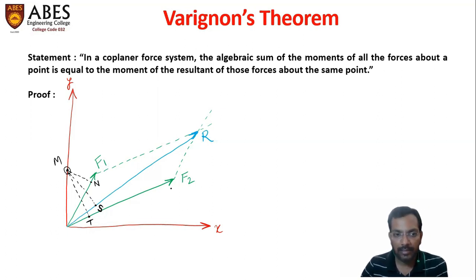Now let's consider that the inclinations of these forces F1, F2, and R from the horizontal line are respectively θ1, θ2, and θ. So let's show these angles.